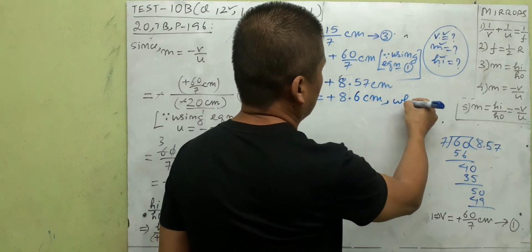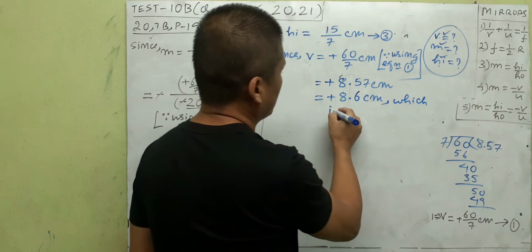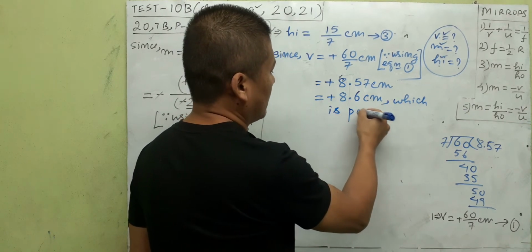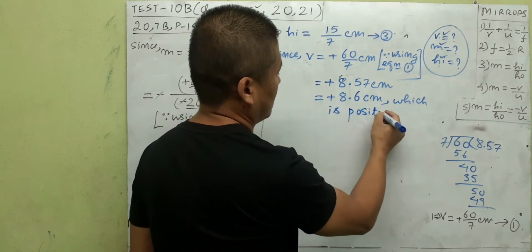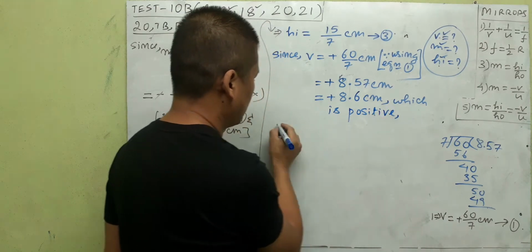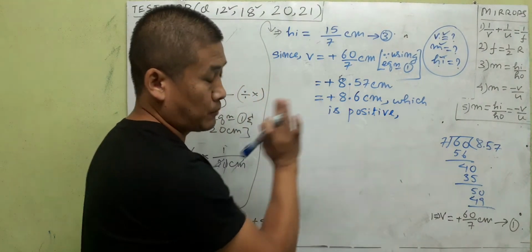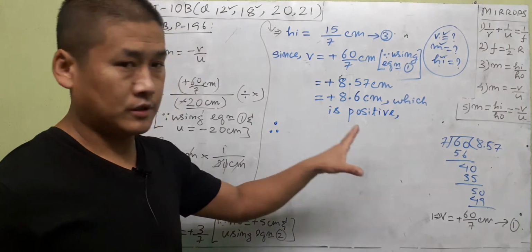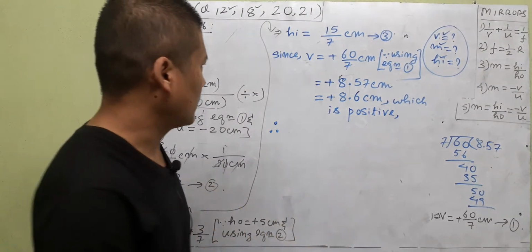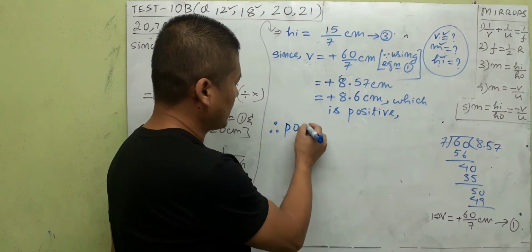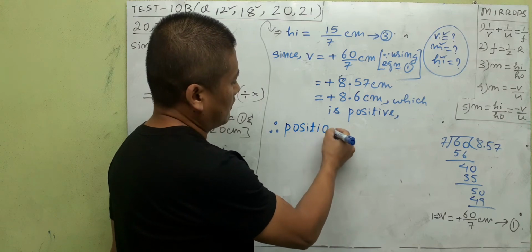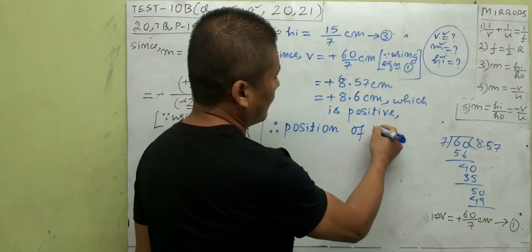So we write here, which is, common sense also tells us, a plus number. See here, plus sign, positive. Therefore, this plus positive is so important because it will tell you the position. So here we write, same language of the text, position of image.